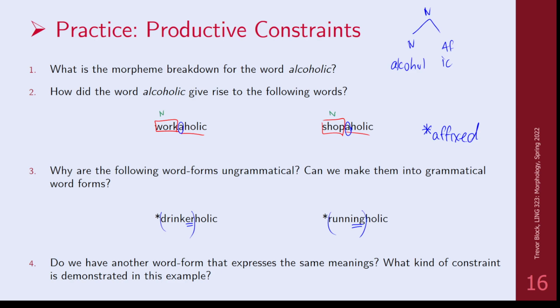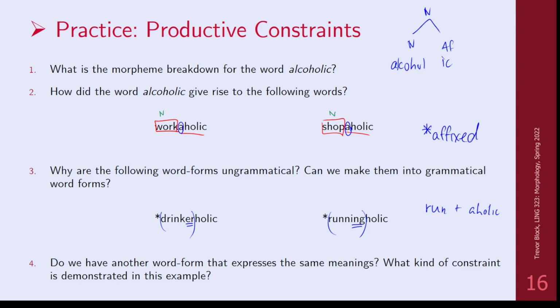So for instance, drinkaholic. Drink doesn't have any other affix on it. Runaholic. It doesn't have any other affix on it. So we can take a bare form, and we can add aholic. So jogaholic, dogaholic, if you're really into dogs or something. I don't know. It doesn't sound bad to say dogaholic. So productively, that's not too bad.